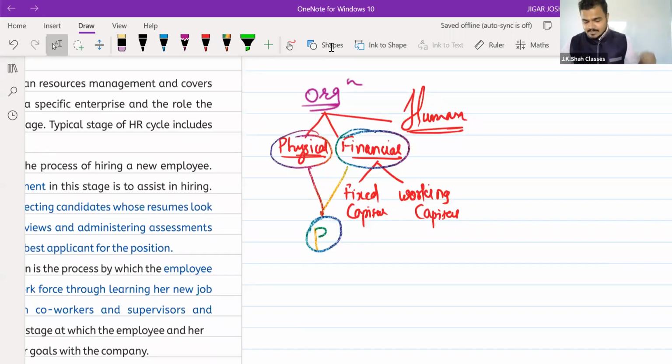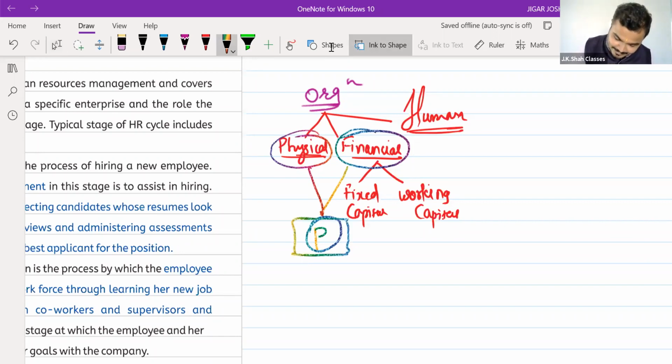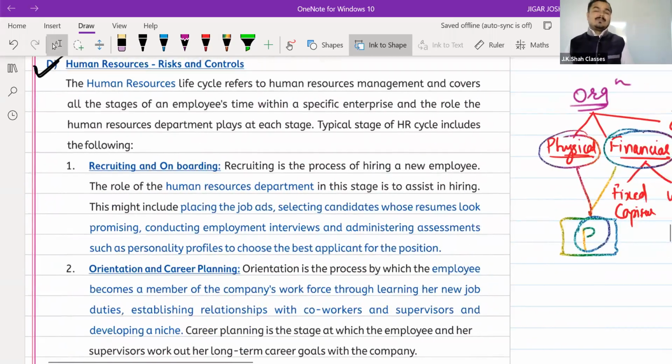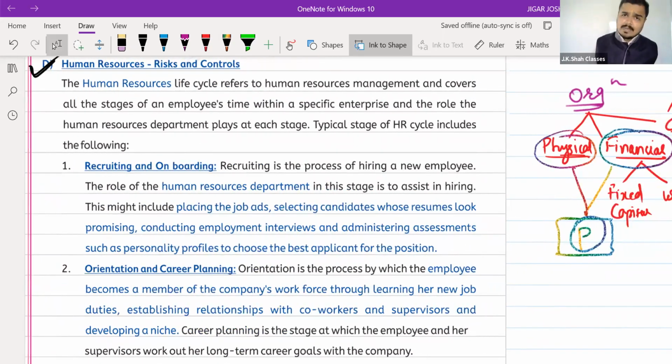All these things are passive factors of production, and to make them active we require human resource, because human resource is the active factor of production. Yes or no, chartered? Yes, sir. And thereby understanding the human resources and managing these human resources fantastically is the primary move. Agree? Yes, sir.